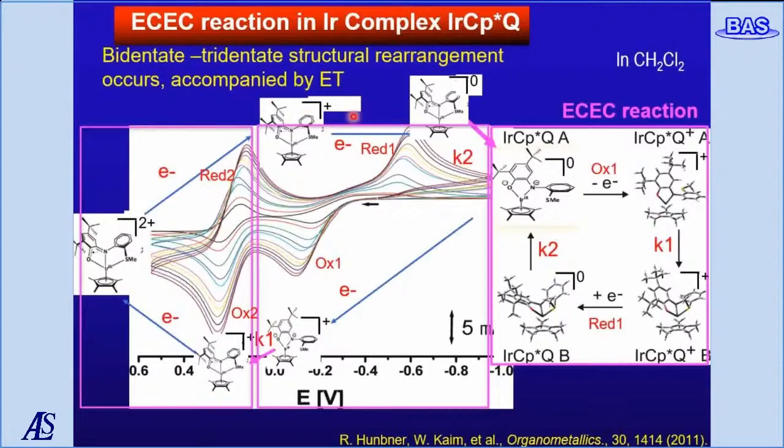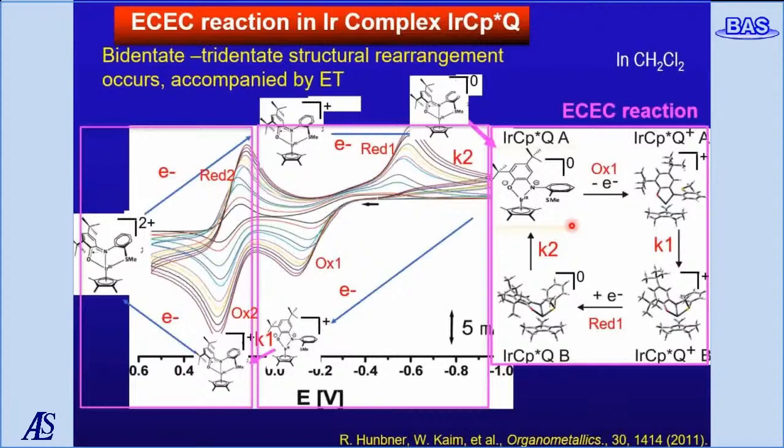For the reverse scan in the negative direction, the dication complex is reversibly reduced at the RED1 peak to a monocation complex. Upon further reduction to a neutral complex, a structure change simultaneously occurs from the tridentate coordination mode to the bidentate mode, returning to the original structure.